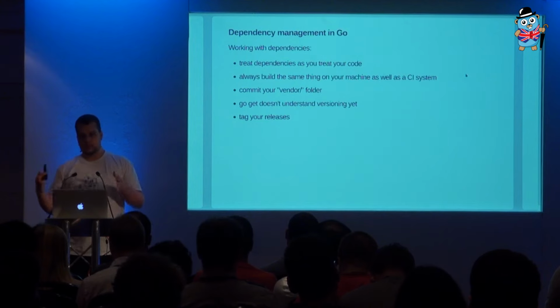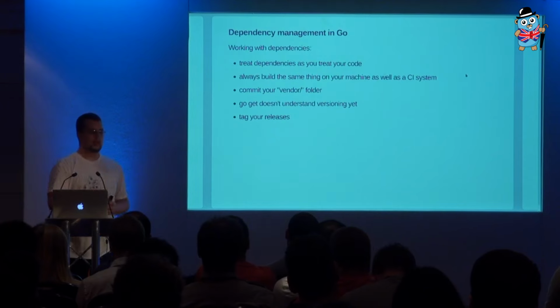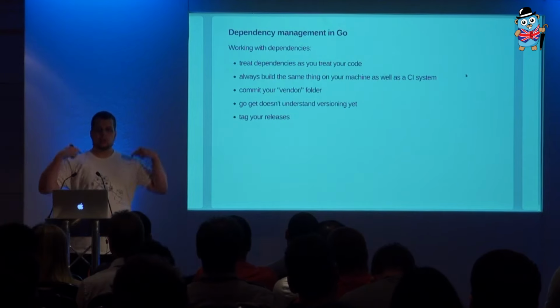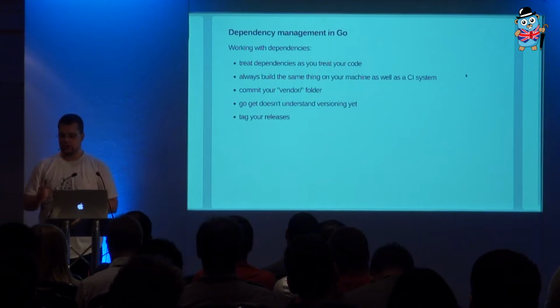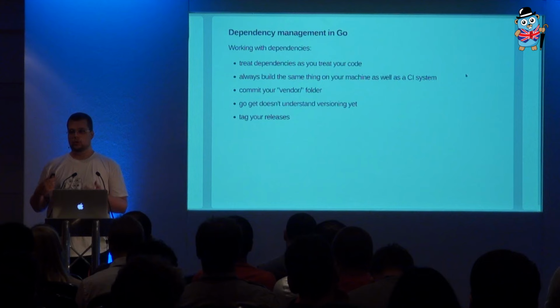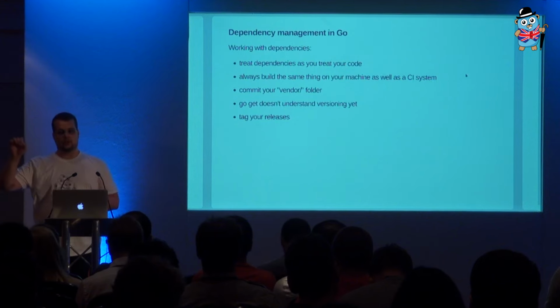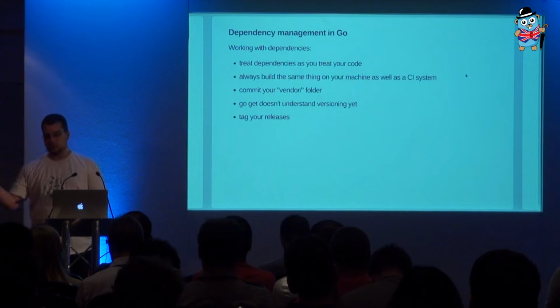By freezing your dependencies at a certain point in time, or a certain commit, you will be able to always build from the exact version of your dependencies, which is pretty important. Especially right now, since we don't have a good way to specify I want this version or that version of a package, things might break.